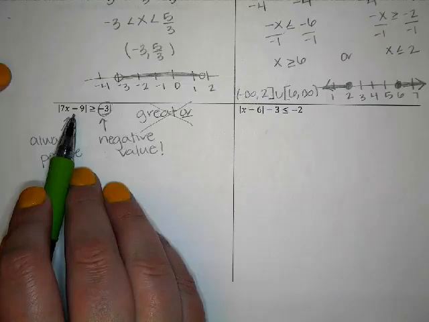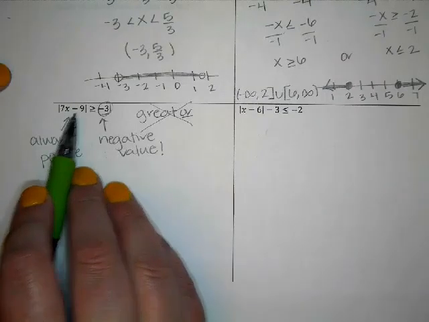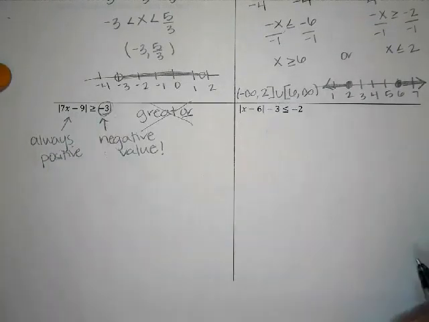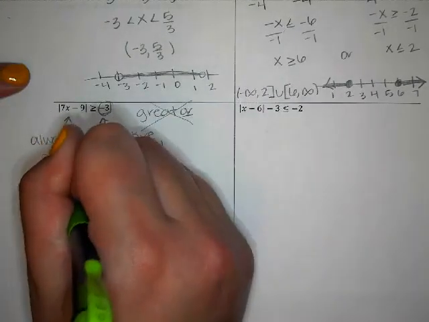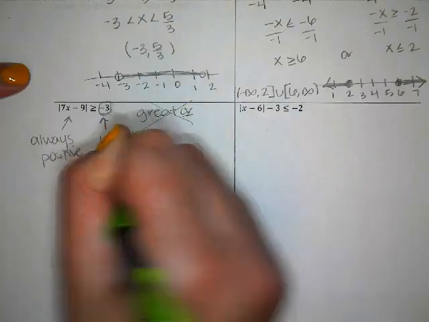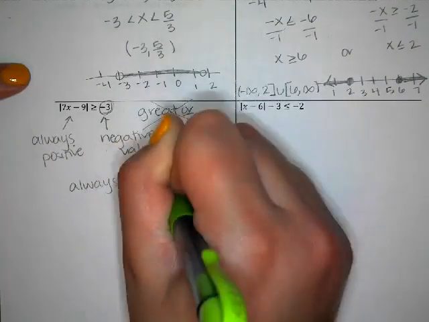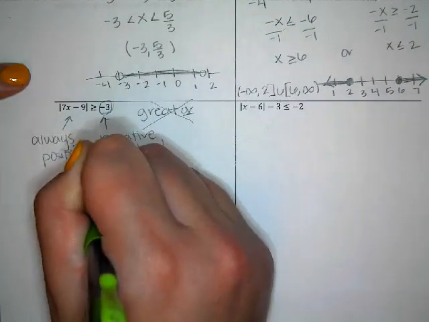So an expression that is always positive is greater than or equal to a number that's negative. Well, that's going to be true no matter what you plug in for x. So we're going to say always true no matter what you plug in for x.